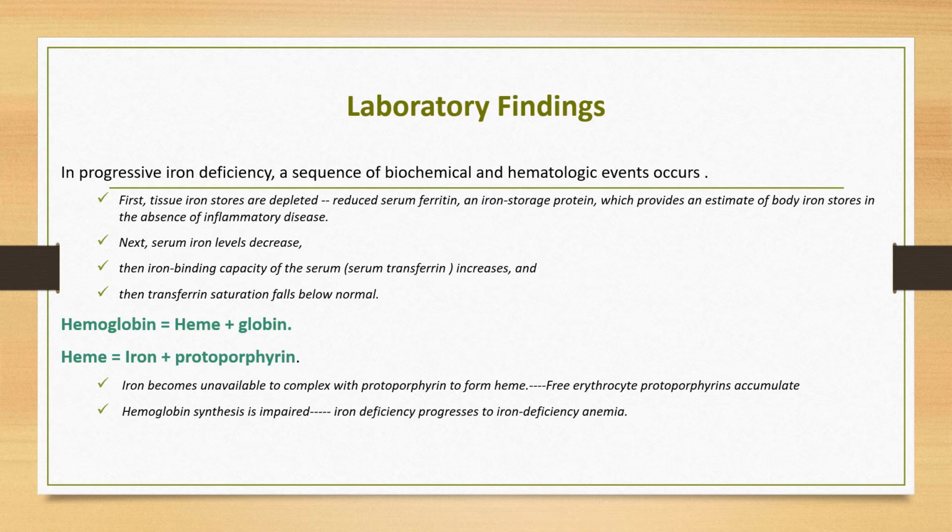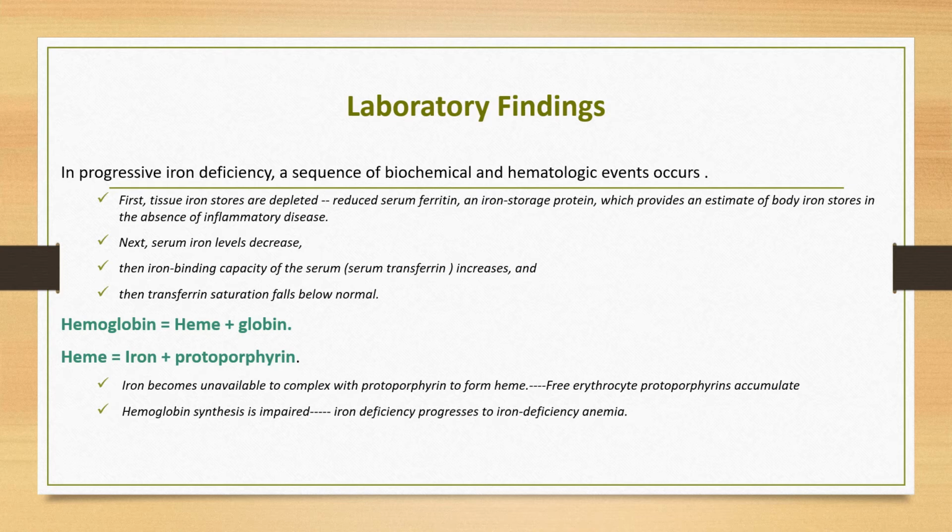Because ferritin is an acute phase reactant, it rises during inflammation, so during inflammation it might falsely rise. So reduced serum ferritin in the absence of inflammatory disease shows reduced iron stores.